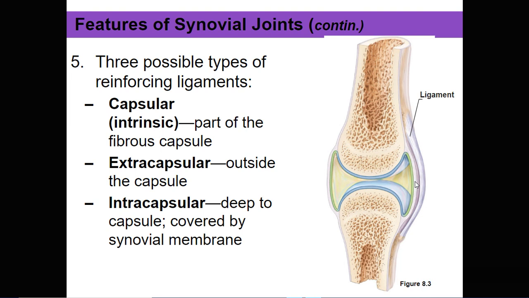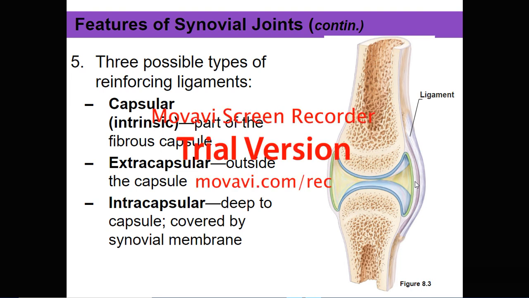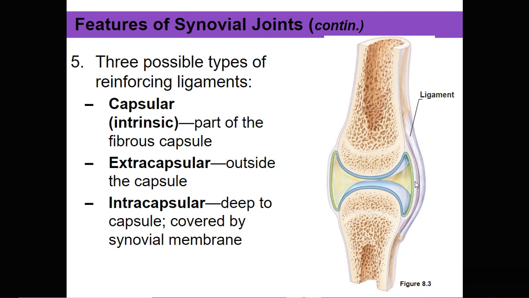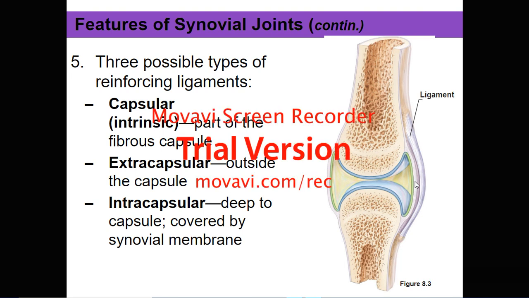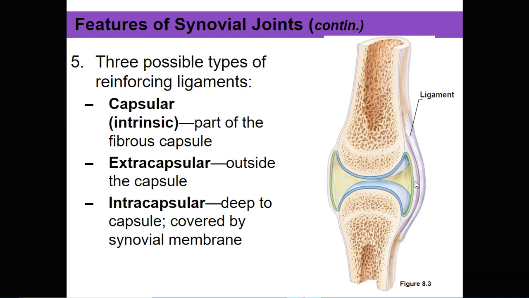An example of intracapsular ligaments: when you hear athletes talk about tearing their ACL, you have an anterior cruciate ligament and a posterior cruciate ligament that are deep to the capsule, and they form a cross in the internal part of the capsule, and they still provide reinforcement in the knee.